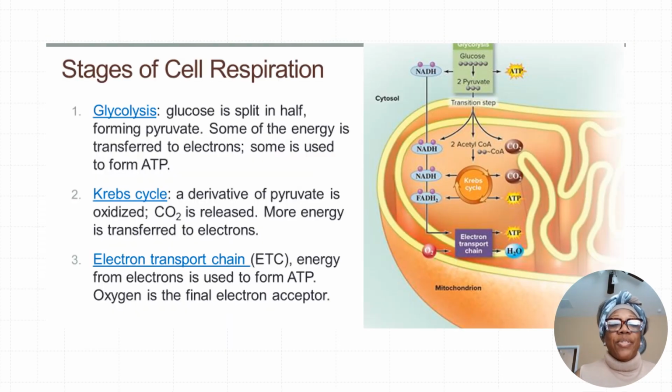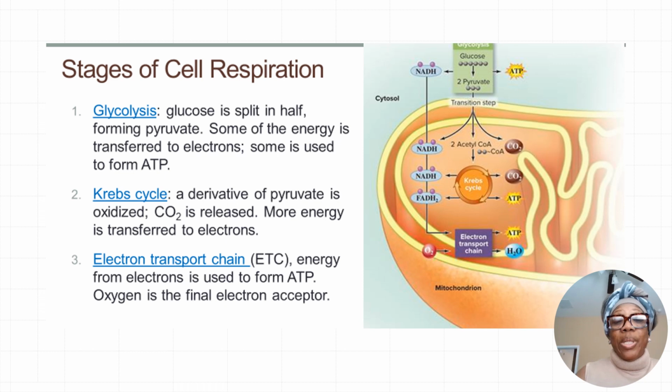So again, the stages of cellular respiration. I have glycolysis here as the first, but we know that glycolysis is pretty much the precursor because it produces the acetyl-CoA from pyruvic acid that will enter into the second stage of cellular respiration, which is the Krebs cycle. During the Krebs cycle, a derivative of pyruvate is oxidized, that being acetyl-CoA.